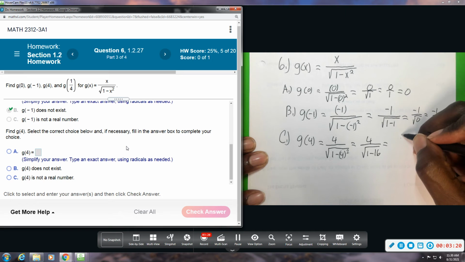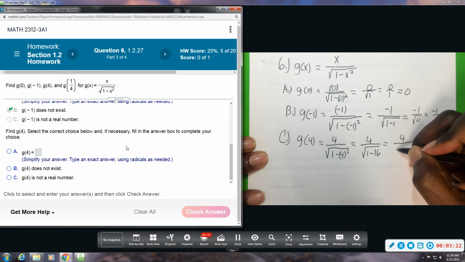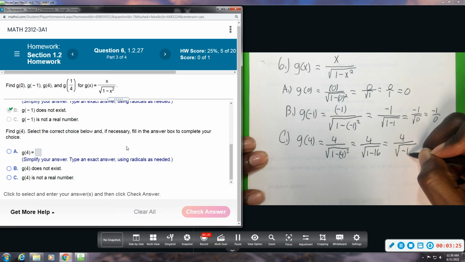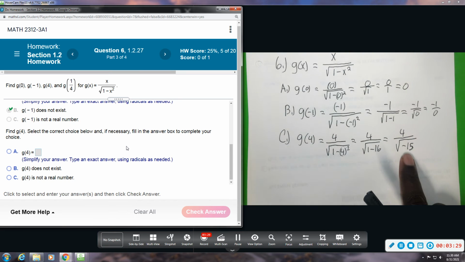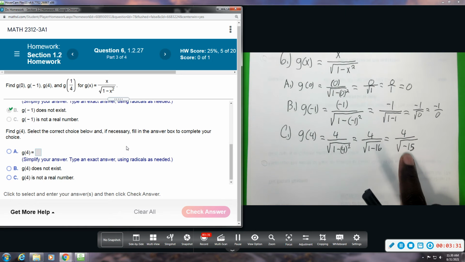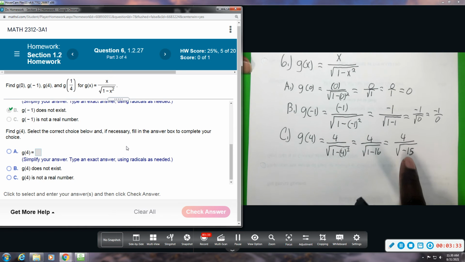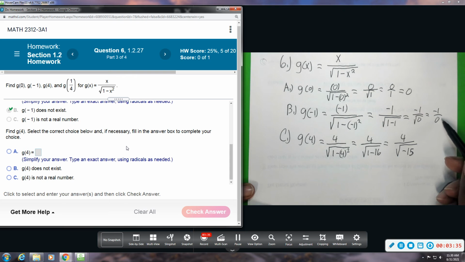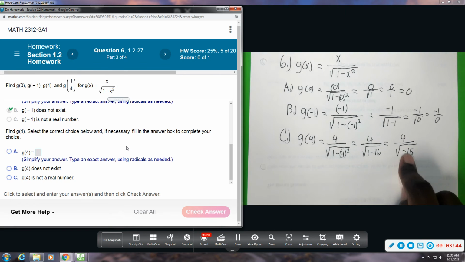That would give us 4 over the square root of -15. In this example we can't evaluate a negative under a square root, or it gives imaginary numbers. This one is an imaginary solution, so we could simplify it, but it doesn't look like we are required to.